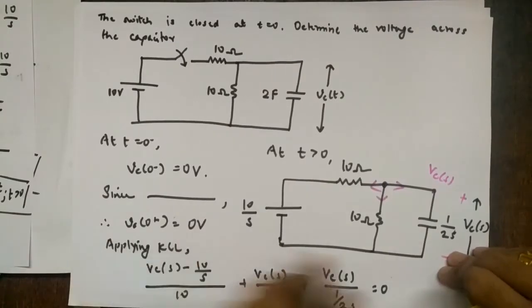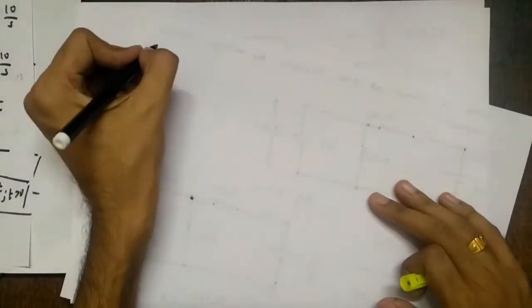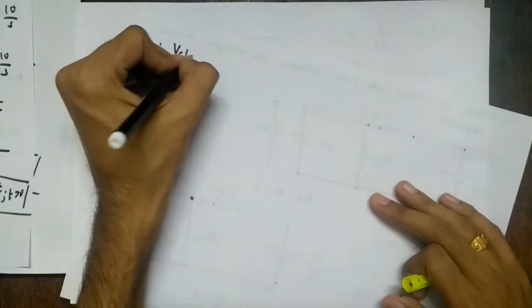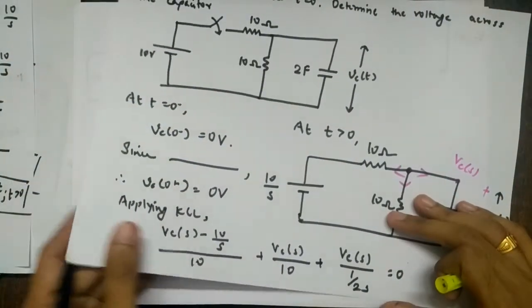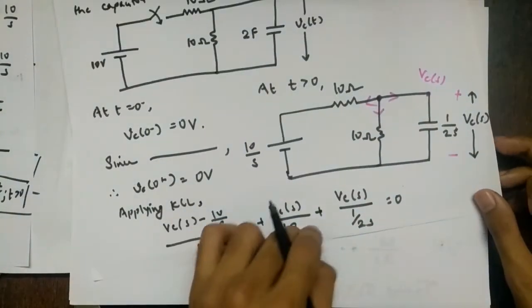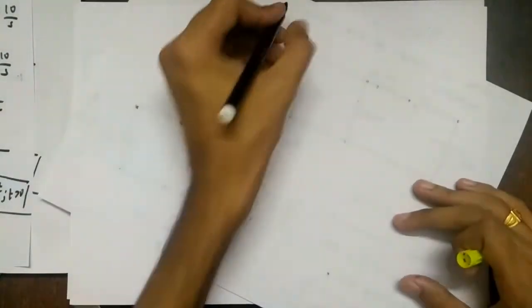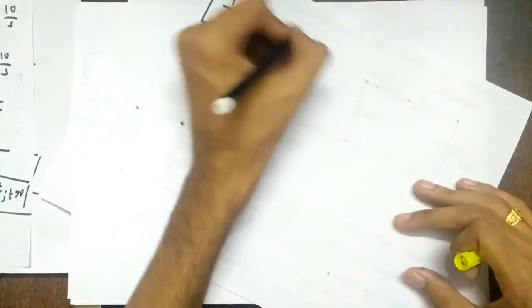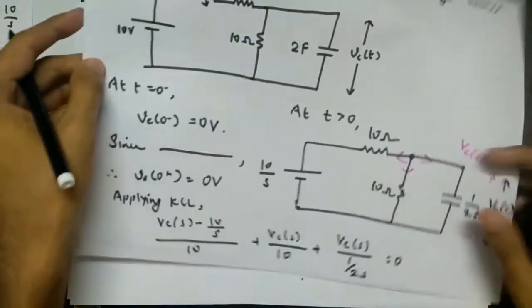So then collect the terms in Vc of S. So therefore Vc of S into, what is it? 1 upon 10 plus 1 upon 10. This will be what? 2S. So plus 2S. This is what?